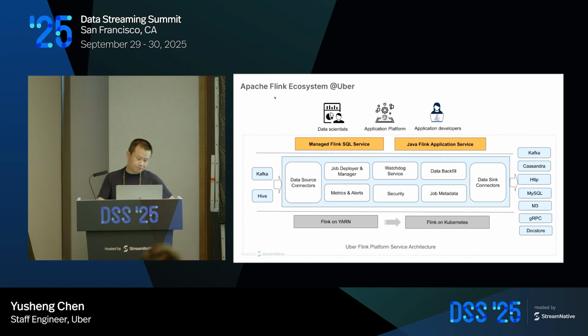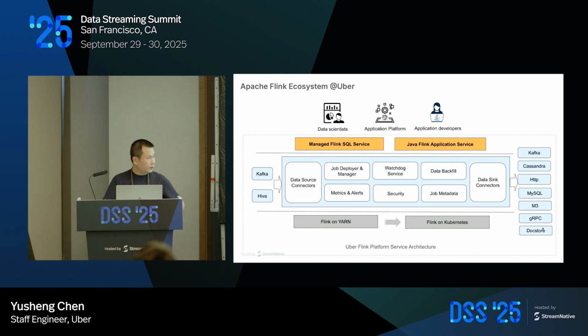We also have different data source connectors and data sink connectors. Majorly it's still Kafka, but we also have Cassandra, HTTP, MySQL, M3, which is basically for metrics, and gRPC. Docstore is kind of an internal MySQL cluster at Uber.